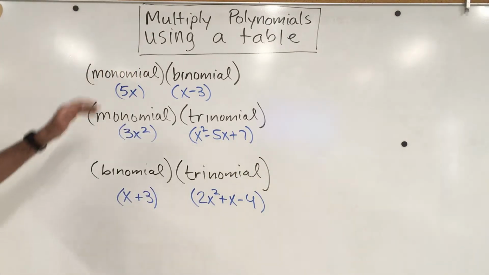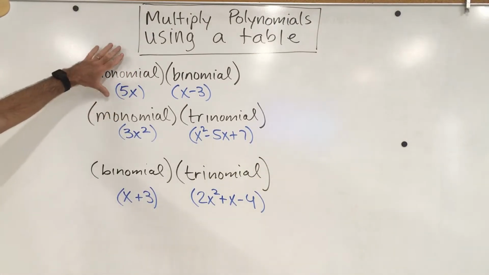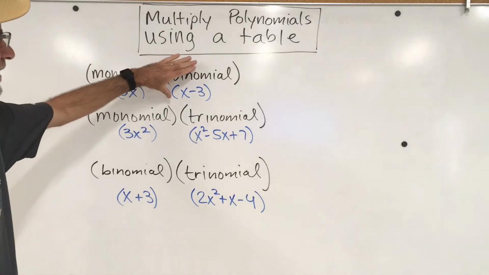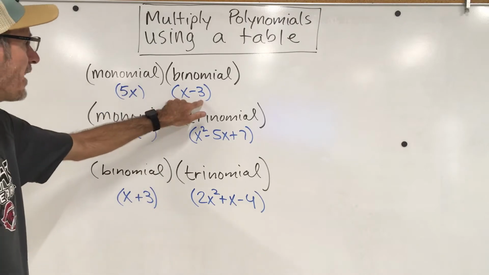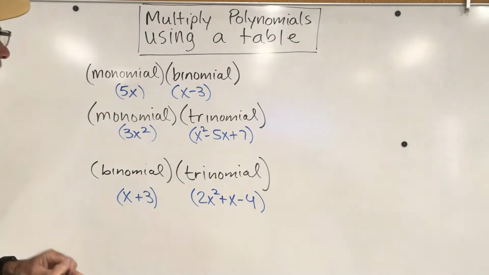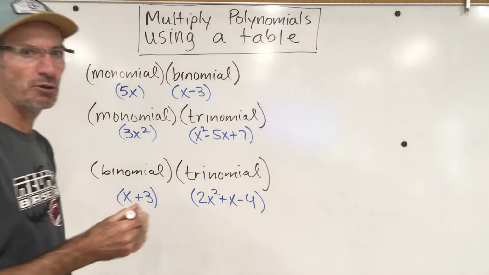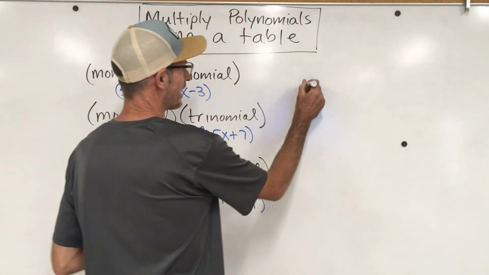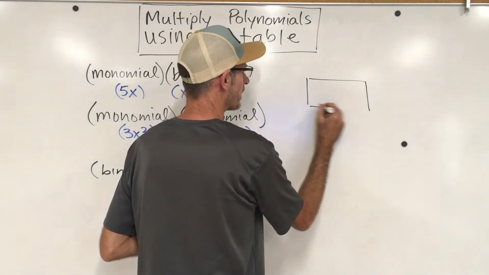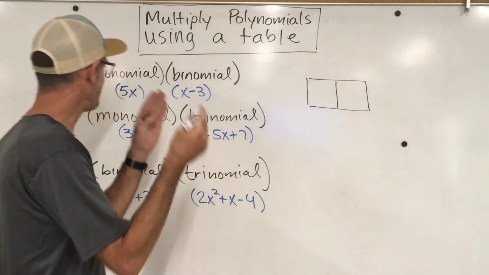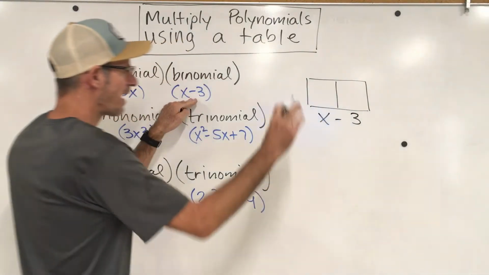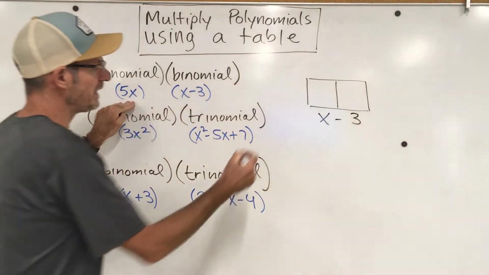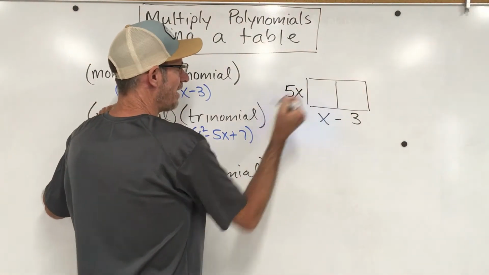So to begin with, we're going to multiply this monomial and this binomial. Monomial, one term, binomial, two terms. So we're going to have to use a 1 by 2 table. So our table is going to look like this. And we have enough columns to fit in our x minus 3. And we have one row because we only need room for our 5x.